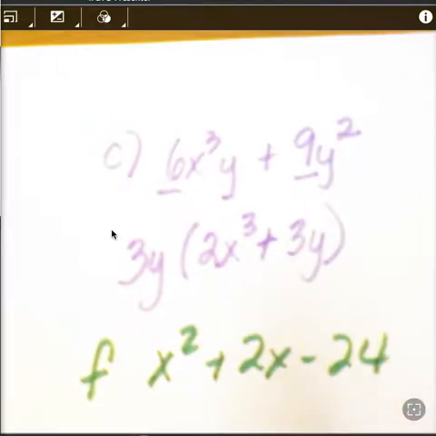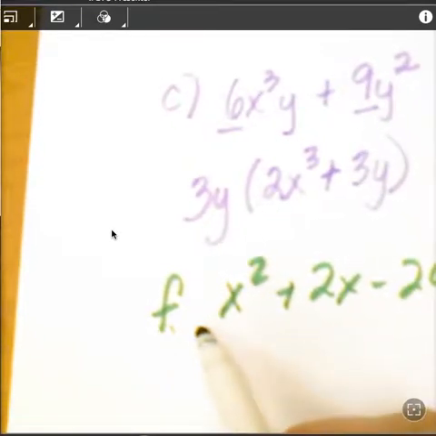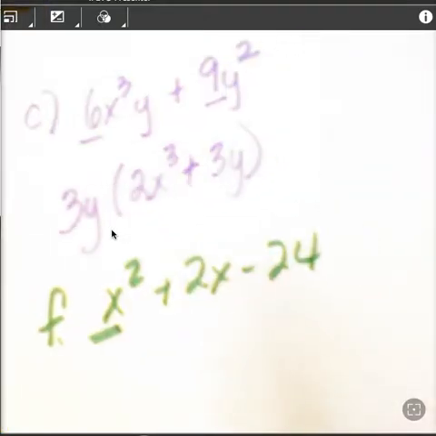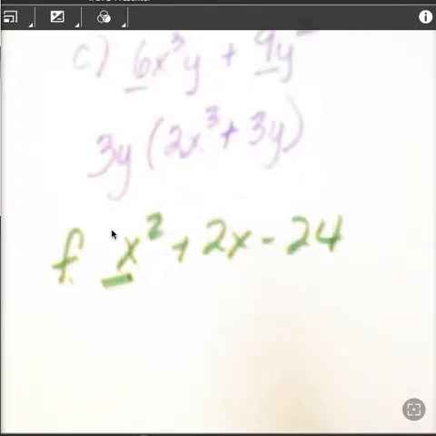All of these problems have 1 in front of the x squared, so we don't have to worry about that. Remember, if it did have a number, you would have to do the slide divide bottoms up. So this one, we have to ask, what are factors of 24 that subtract to 2? Again, there's no equal sign, so we can't solve, so we're just factoring, creating a multiplication problem.